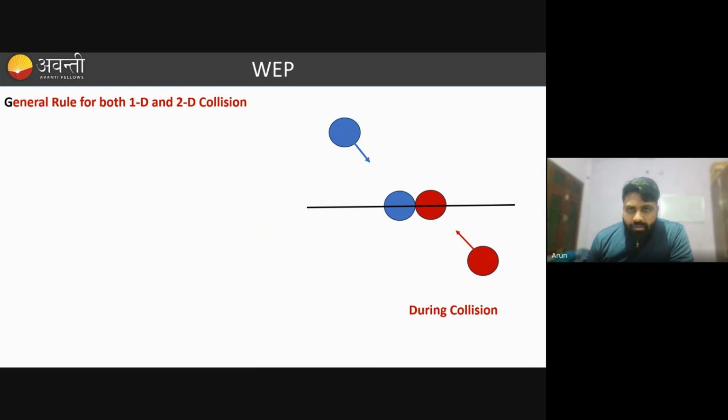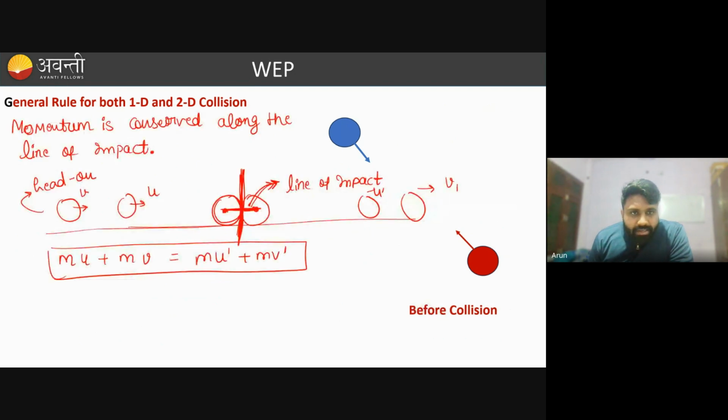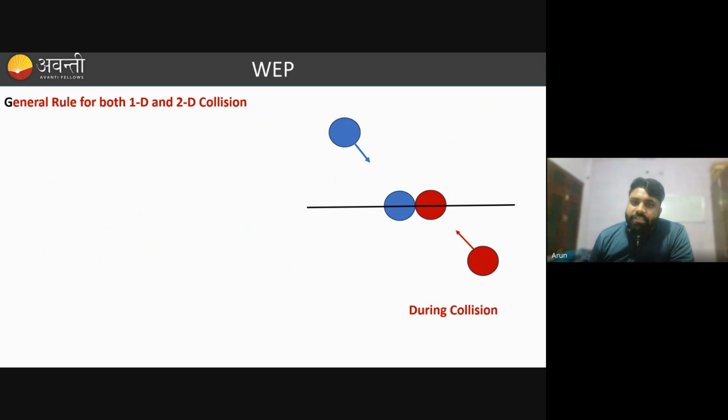If you talk about two dimensions, they are not moving in the same line. In the previous case, they were moving on the same path and in the same direction. But in two dimensions, they will not follow the same line.